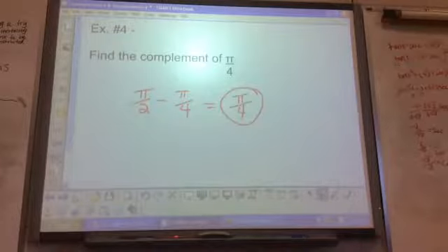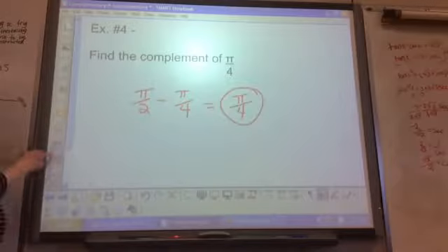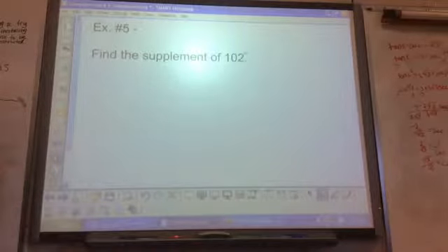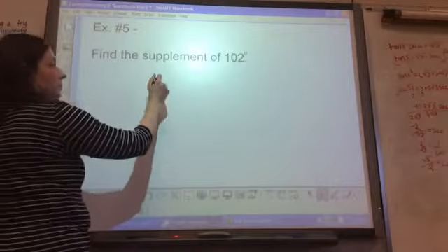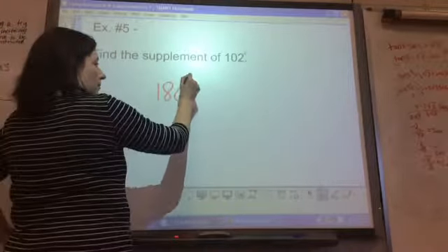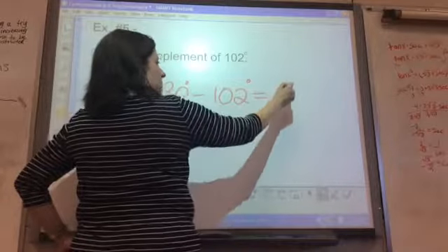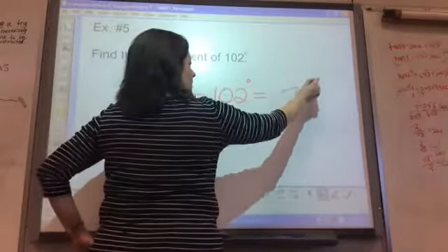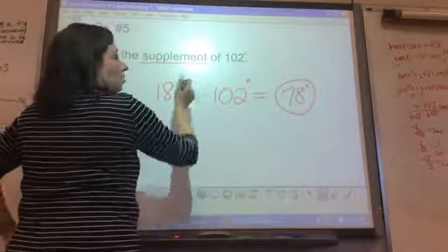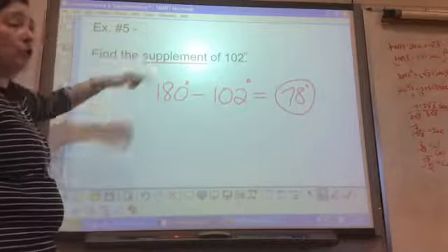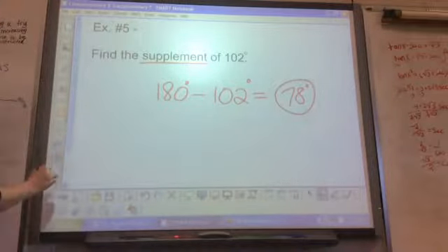All right, so now let's switch off to supplement. Find the supplement of 102. So what's my work going to look like here? Good. 180 minus 102, which is what? 78. So again, the worst part here is to pay attention that you're looking at the word and don't mess up there.